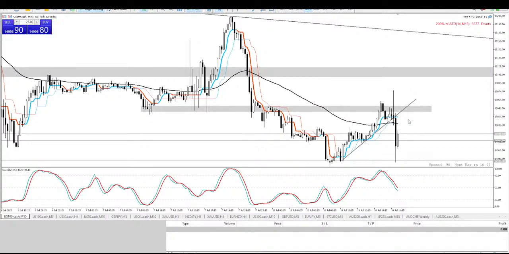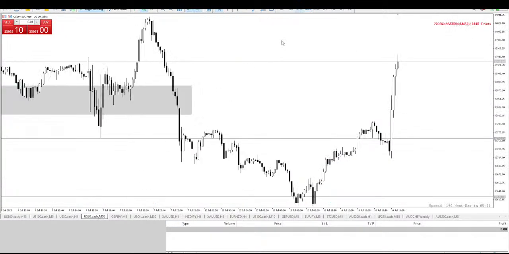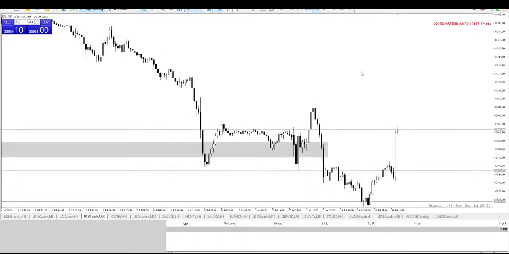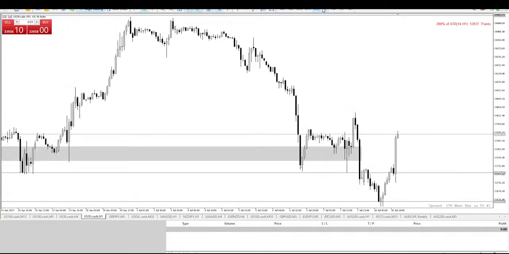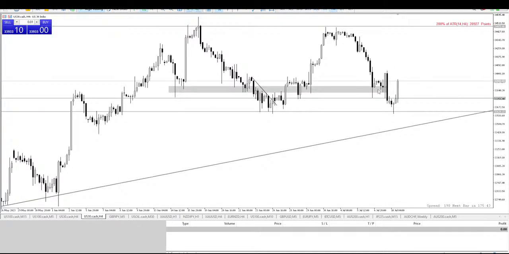The other reason I'm thinking it could go up is also because of this rally that we've seen here with US30, because these two can move in very similar ways. US30 is just experiencing a rejection in this area, but it doesn't mean it's done. It could still be going up.